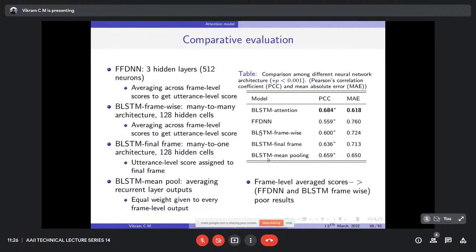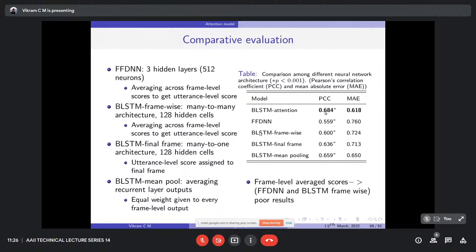So each frame level BLSTM state gets averaged here. That is the BLSTM mean pooling. Compared to our attention model, BLSTM mean pooling is a little bit comparable. However, we are using the attention weights to average the BLSTM outcomes, so that's why the attention model is giving better performance.